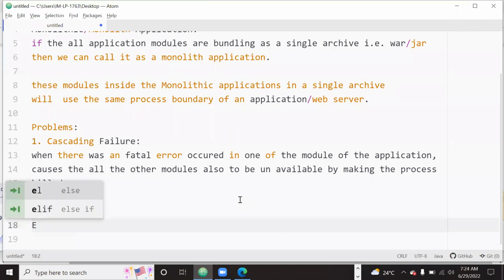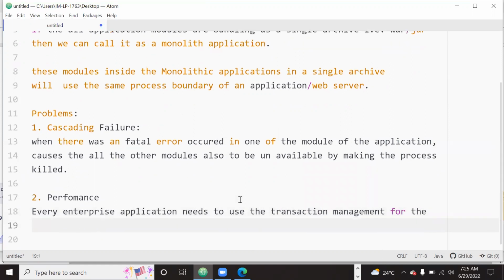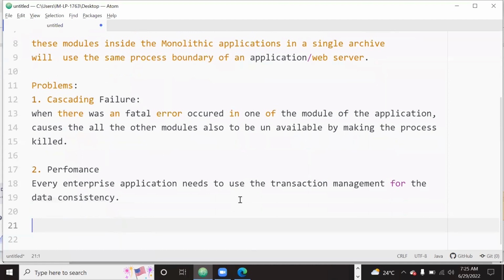Every enterprise application needs to use the transaction management for the data rollbacks and for the data consistency. You can say simply, for the data consistency, every application has to use the transactions.